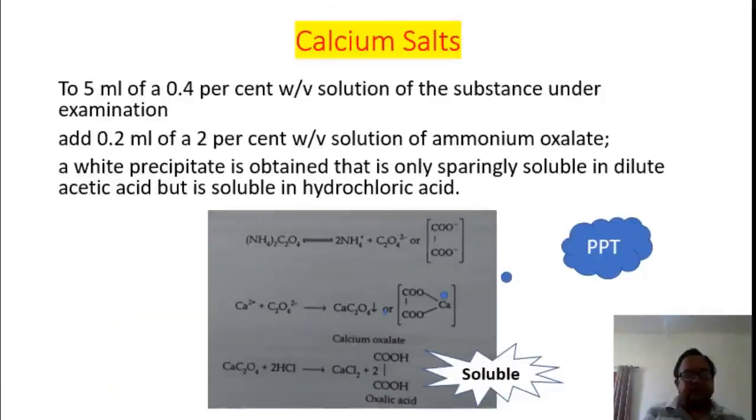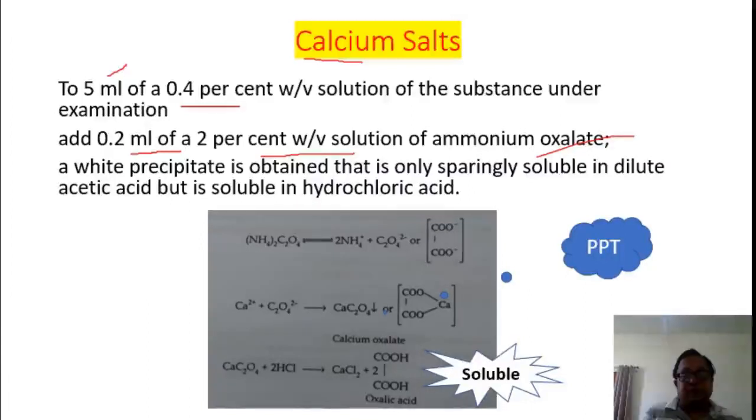In another test for calcium, we prepared a 0.4% solution of the substance in water and we take 5 ml of it. Now to the solution, we add 0.2 ml of 2% weight by volume solution of ammonium oxalate.